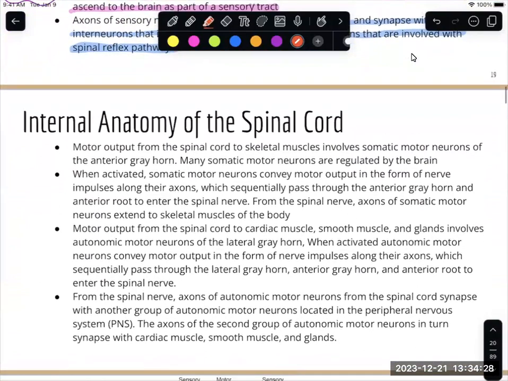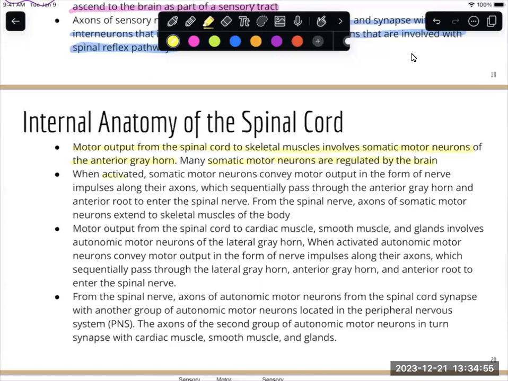So motor information. I know these slides have a lot of information on them. There's just a lot of information in your book about this. So that motor is going to come out through somatic motor neurons. If they're going to skeletal muscle, they come out that anterior gray horn. Most of those somatic motor neurons are regulated by the brain.